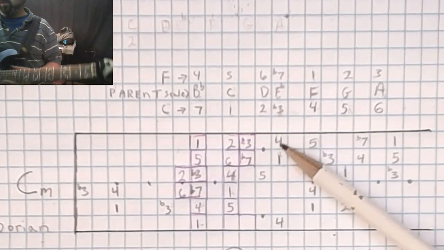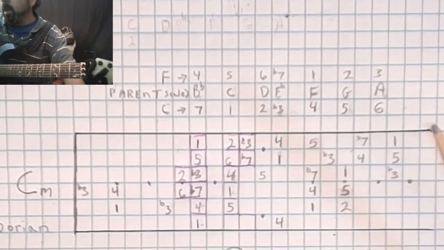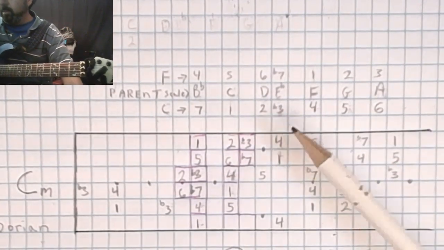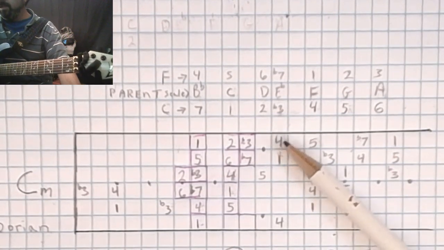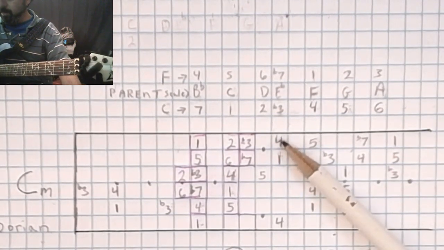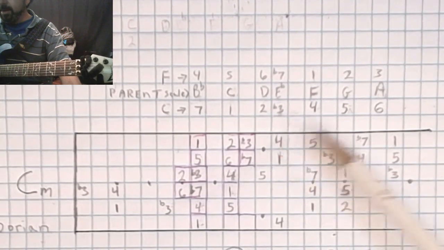Now check out all these 4s that happen right now. It's basically 4 beats gone, just basically on 4s and 7s.